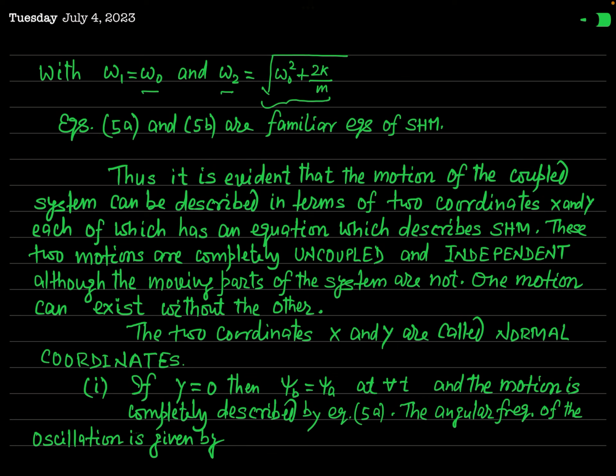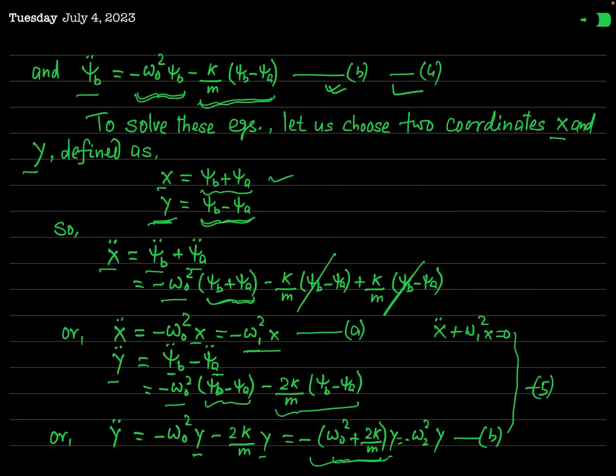And you can see from here that this omega 2 is actually greater than omega naught, or you can say that omega 2 is greater than omega 1. Okay. And as I have told you, these two equations, equation number 5a and 5b, both are the well-known equation of simple harmonic motion.